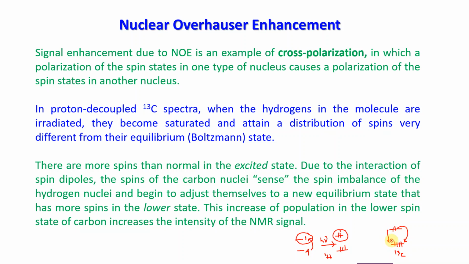So this transition will take place, and in this case the population of the ground state will increase. Since the population of the ground state is increasing, and you are slowly irradiating, you have more population now, so that will give better signaling or a more intense peak. Are you getting it?